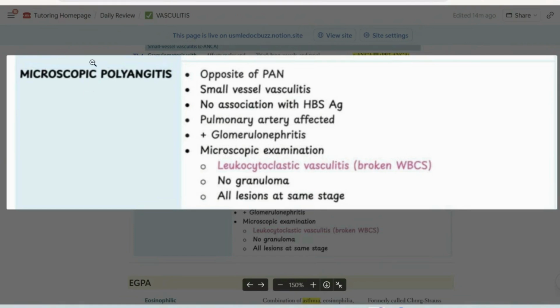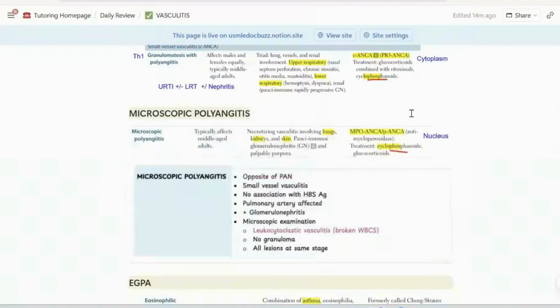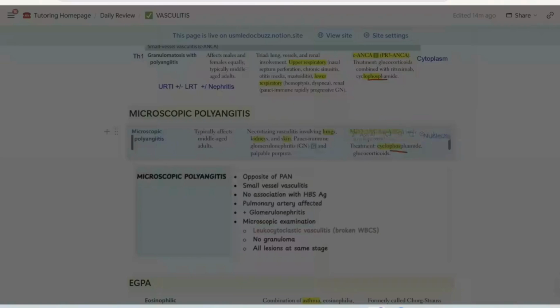There, the lesions weren't at the same stages, right? Here, all lesions are at the same stage, right? There, you also had some granulomas taking place. Here, you have no granulomas, okay? What this is also known as is leukocytoclastic, right? So white blood cells are breaking the vascular system, and then you get the presentation, okay? So all these involvements, right?